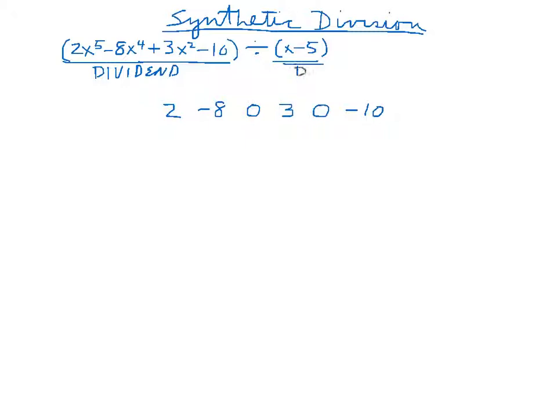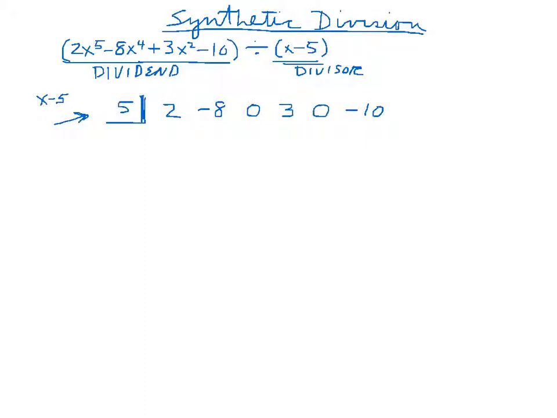This is called the divisor. Standard practice is to make a little box like this and put the divisor in here. Now if you're dividing by x minus 5, you put a plus 5 in here.